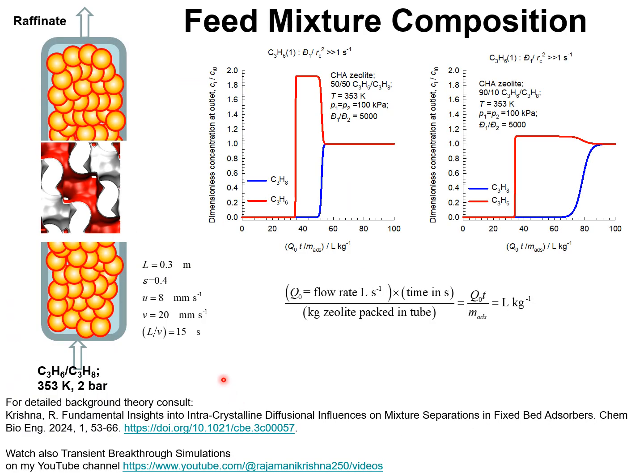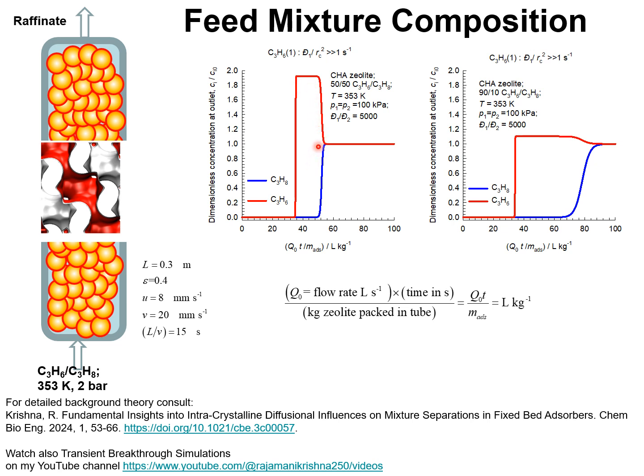The feed mixture composition has an important influence on the extent of roll-up that is experienced. For adsorption of mixtures of propene and propane in Chabasite zeolite, the equilibrium data shows that the component that is most strongly adsorbed is the saturated alkane, which is propane, due to higher polarizability, and the first component of breakthrough is the unsaturated propene.